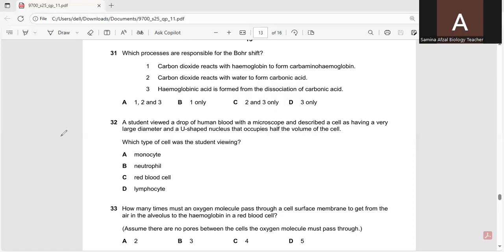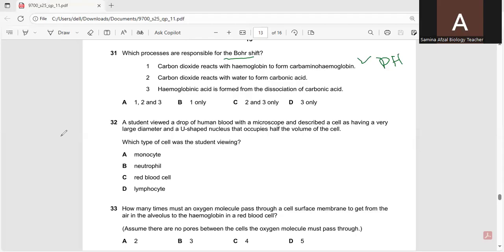According to this, when carbon dioxide reacts with hemoglobin, formation of carbamino hemoglobin will take place, but it is not responsible for the Bohr shift. It will only affect its pH.